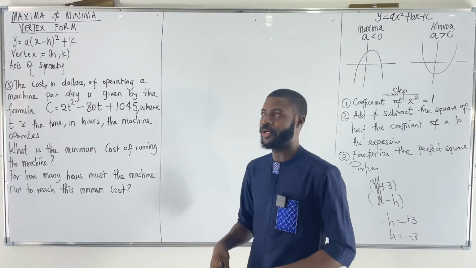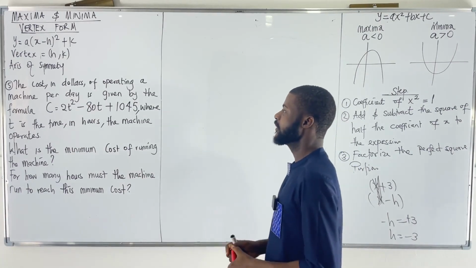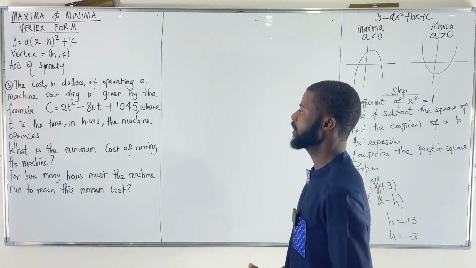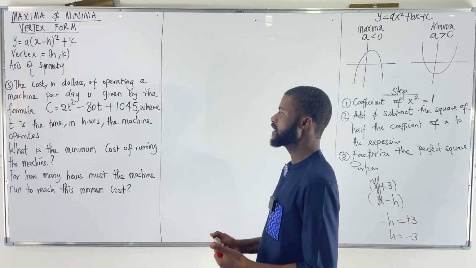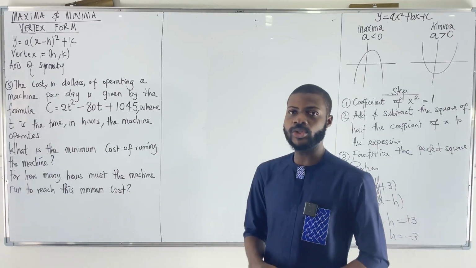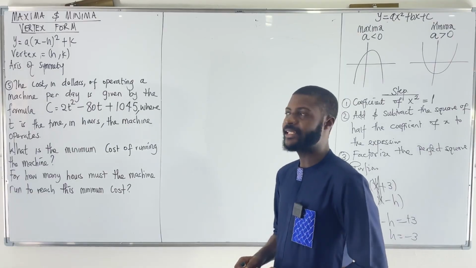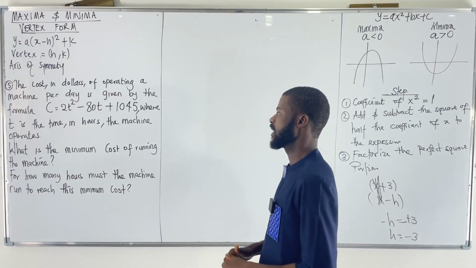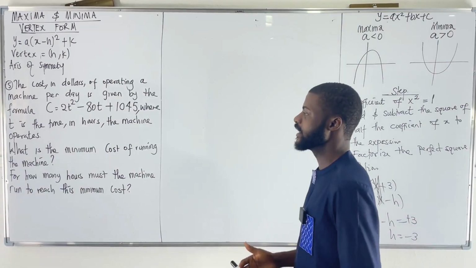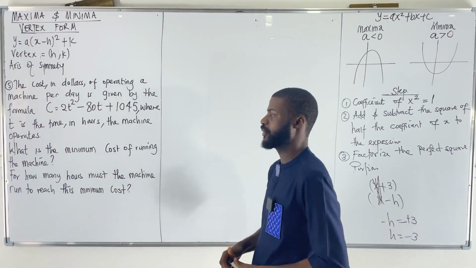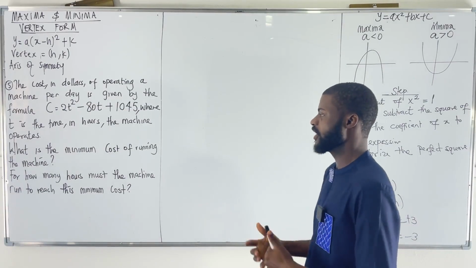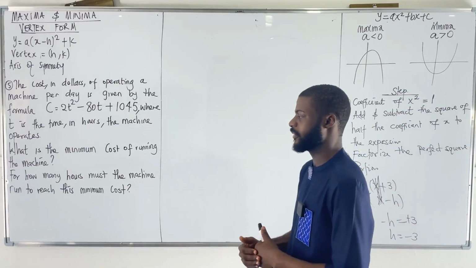So here we have question 5. The cost in dollars of operating a machine per day is given by the formula C equal 2t squared plus 80t plus 1045, where t is the time in hours the machine would operate. So the first question is, what is the minimum cost of running the machine?